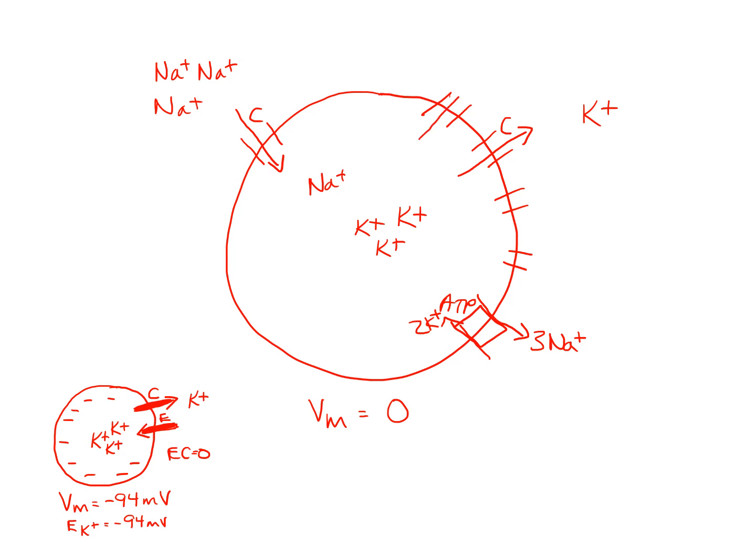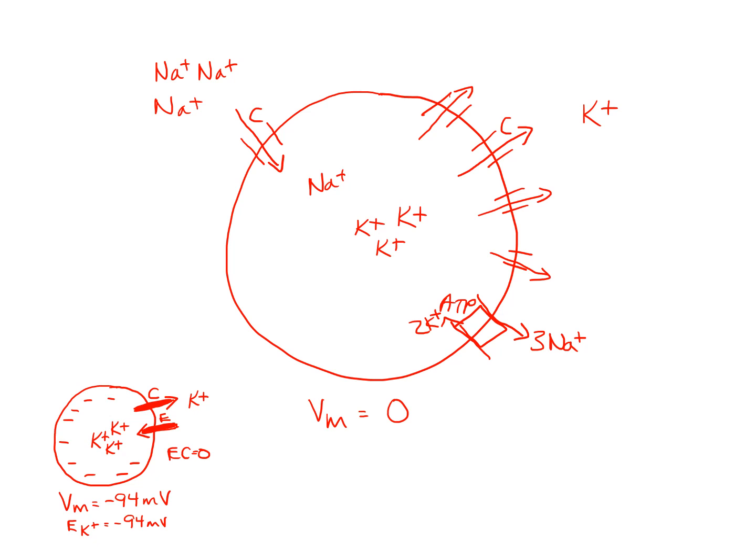Okay, so we're going to have a lot more potassium leaking out of the cell than we have sodium leaking in. So what's going to happen to our membrane potential if we have a little bit of sodium coming in, but we've got 25 times more potassium leaving the cell?